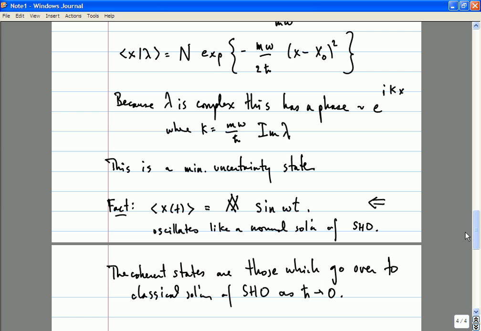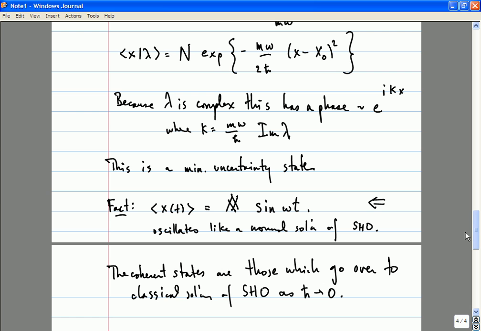And if a Gaussian is a minimum uncertainty state, then a shifted Gaussian is a minimum uncertainty state. If that's not clear, compute it. Compute the variance in x and the variance in p, and check that it's a minimum uncertainty state. It's a good exercise. I don't know if I just told you it was true or if I actually did the computation, but I think it was the second lecture of the course.